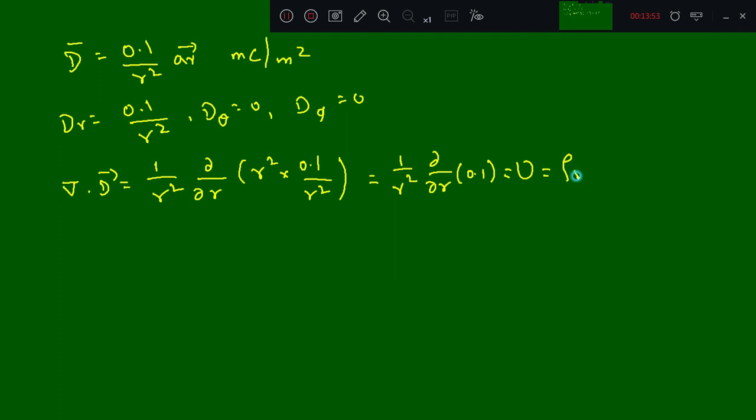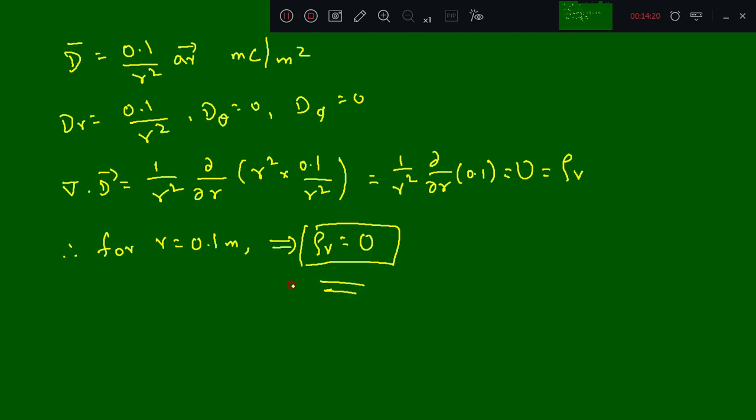This is rho V. Therefore for r equal to 0.1 meters, we have rho V equal to 0. So this is the solution.